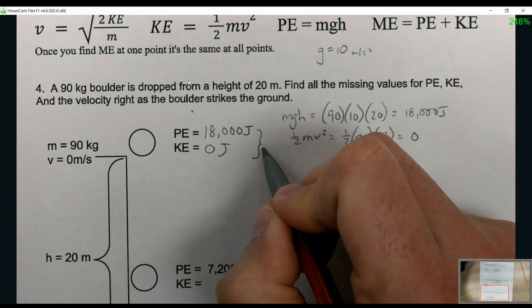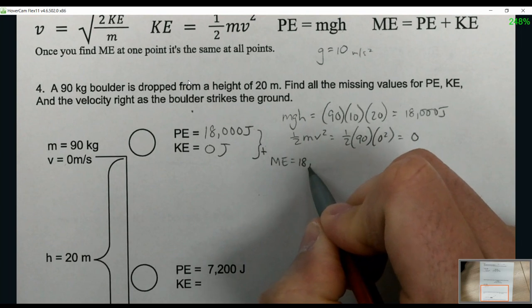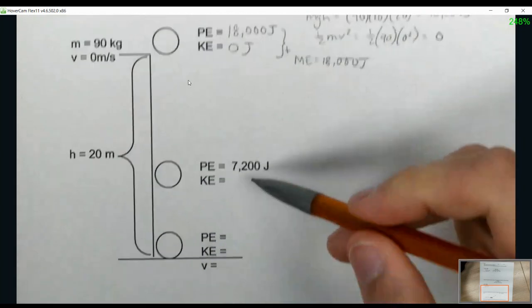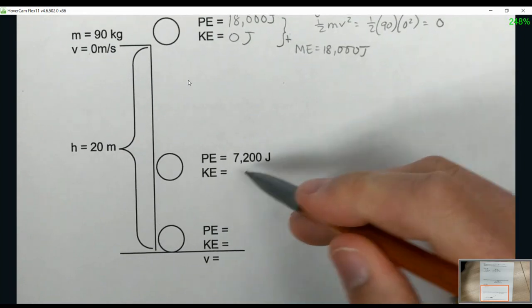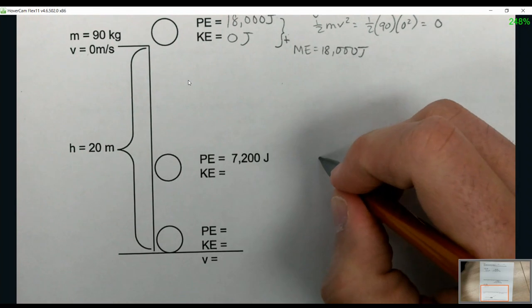Adding these two things together, the mechanical energy is equal to 18,000 joules.